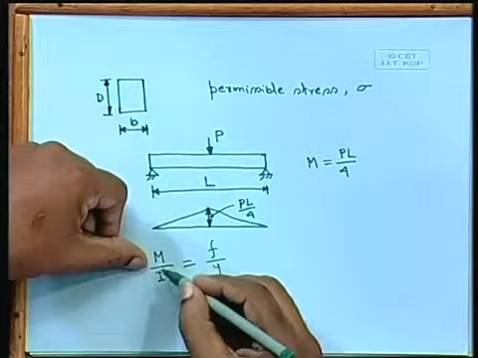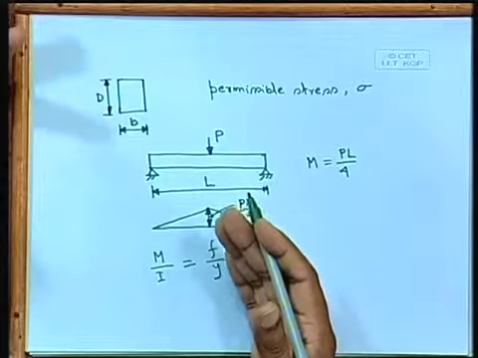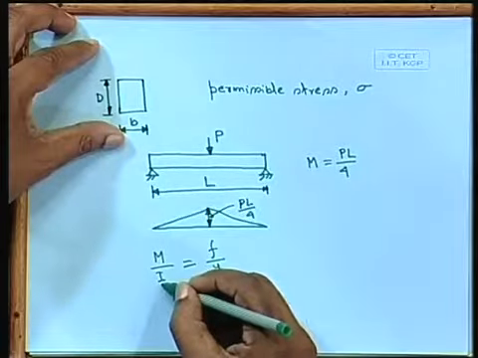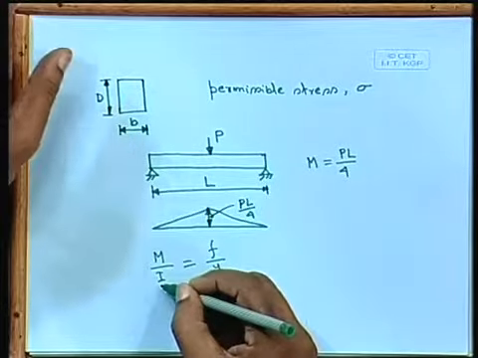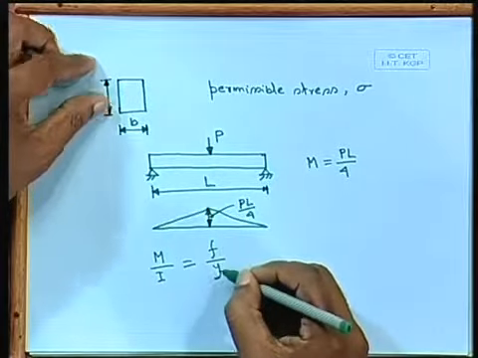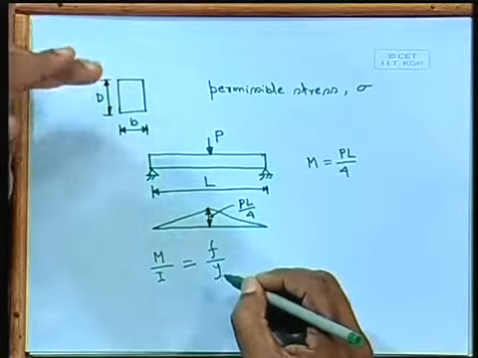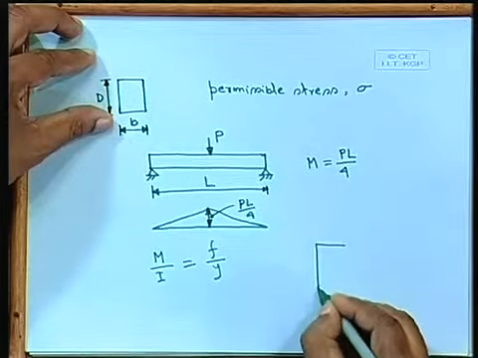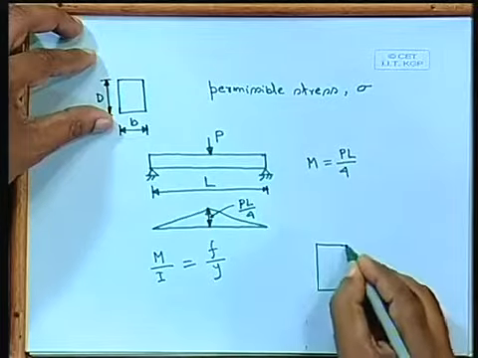So, M is the moment, that you all know, I think from your first year or second year class. I is the moment of inertia or second moment of area, to be more specific, F is the stress, and Y is where you are going to find out the stress.